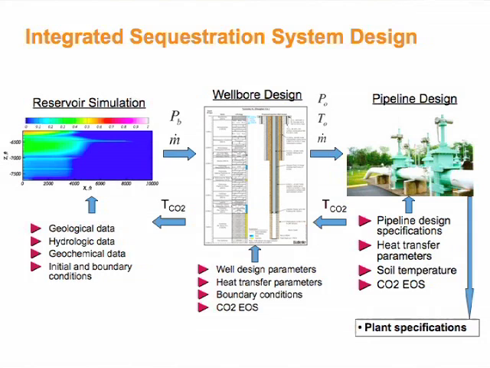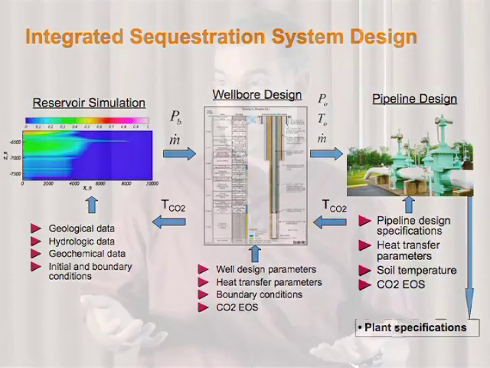To do that, we need to design our injection wells such that we don't have a high pressure drop through the well, so that the CO2 can't be injected. But we don't want to make it too big, because as the injection well gets bigger, our materials costs go up, everything goes up. So we want to hit that sweet spot in terms of the minimum dimensions needed to support the mass flow rate for a particular project.